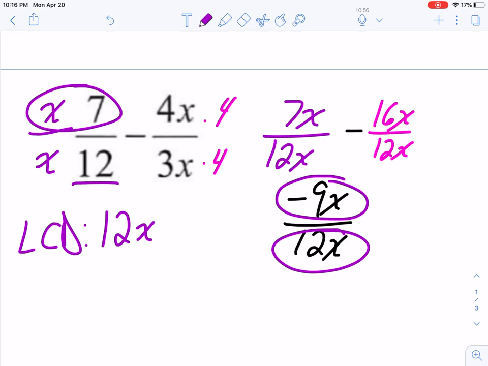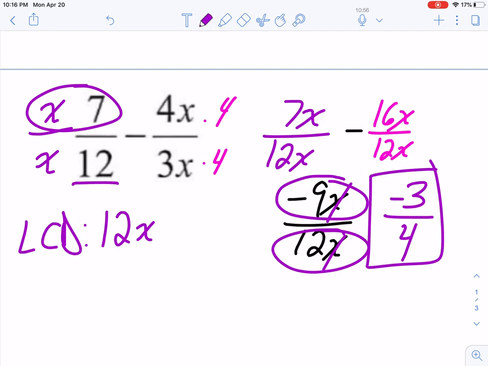So, up top I have an x, down below I have an x. Those cancel. Up top I have a negative 9, down below I have a 12. Well, 3 goes into both of those. 3 goes into negative 9, negative 3 times, and 3 goes into 12 4 times, therefore giving me an answer of negative 3 over 4.